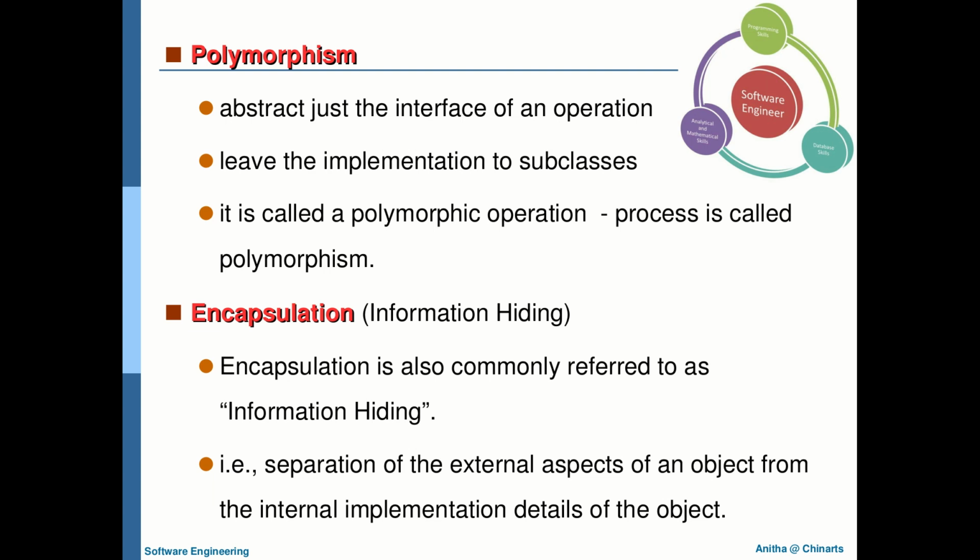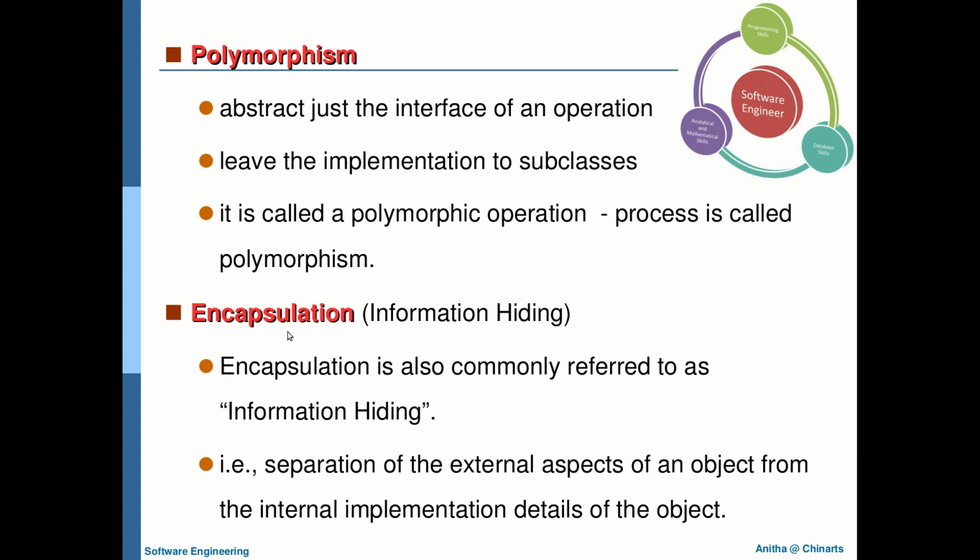This is what you call the external aspects of an object, which is accessible by other objects. How do you access it? Through different methods that are available for the object. Whereas the internal implementation, how this process is being done, is not shown here, and will be hidden from the external objects sending the message. This is what you call encapsulation.